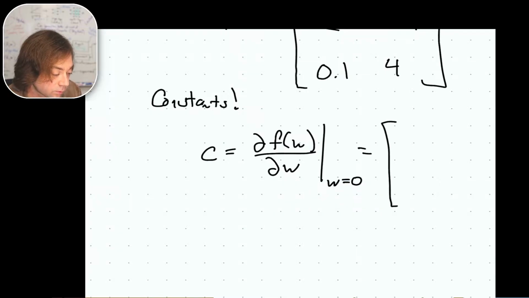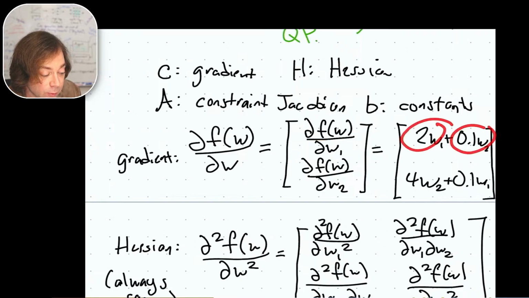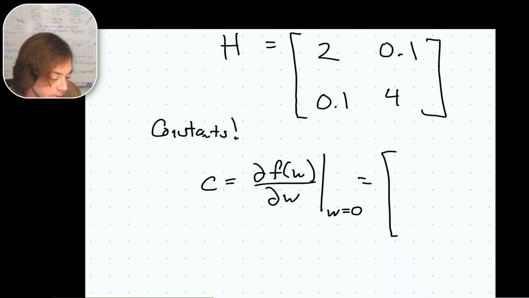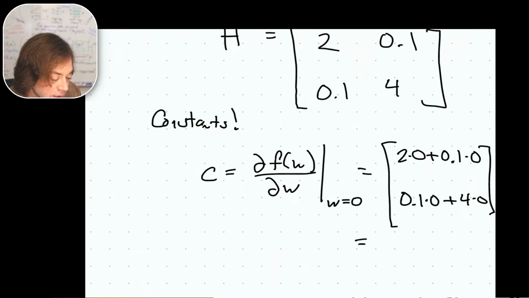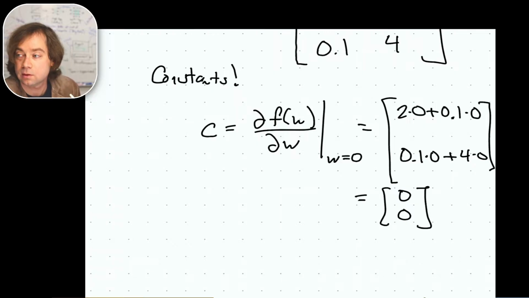So that means it's going to be 2 times 0 plus 0.1 times 0, and 0.1 times 0 plus 4 times 0, which great scholars have contended equals 0. That's your C.